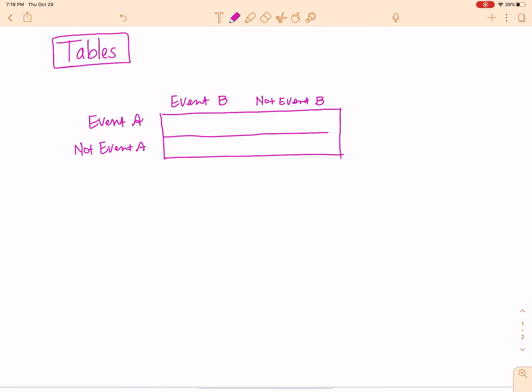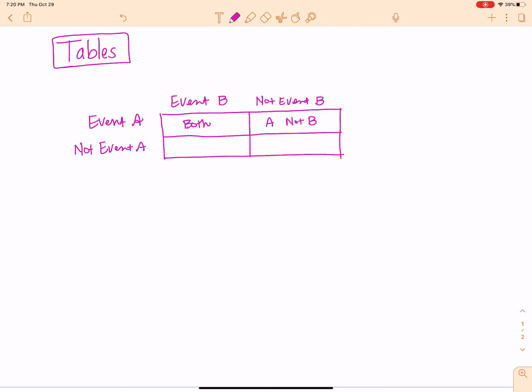All right, so if I take a sample of individuals, some of them are going to like both A and B, some of them are going to be for event A but not B. That's where that lives.